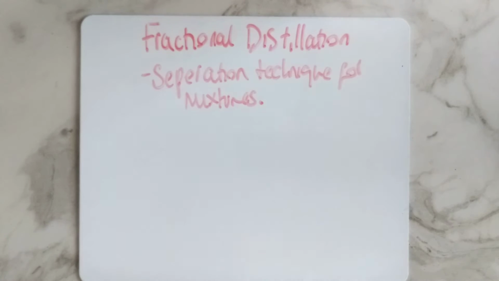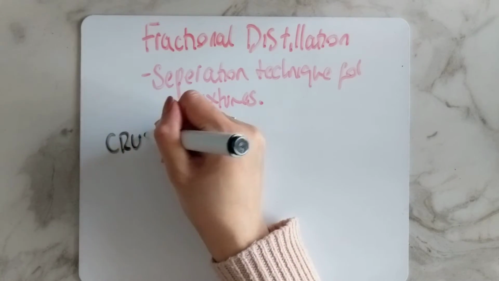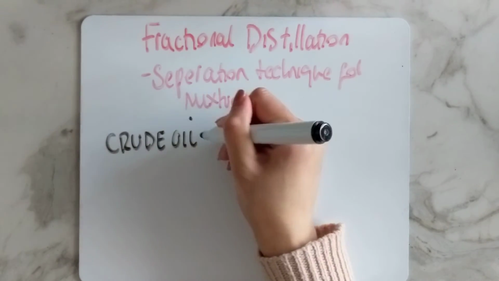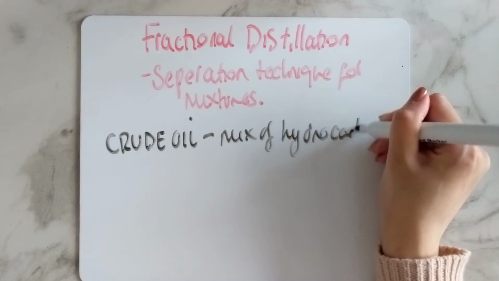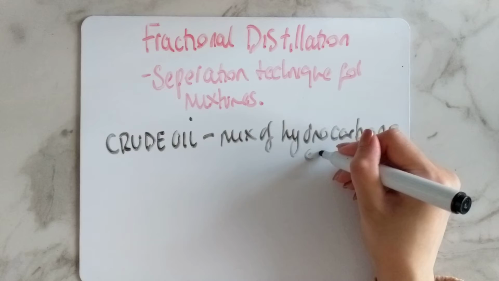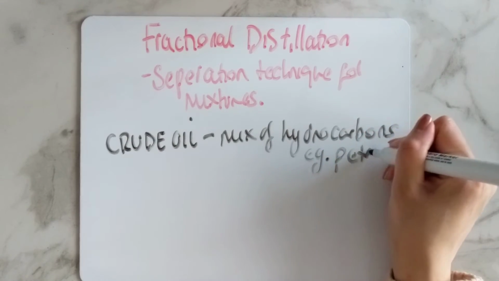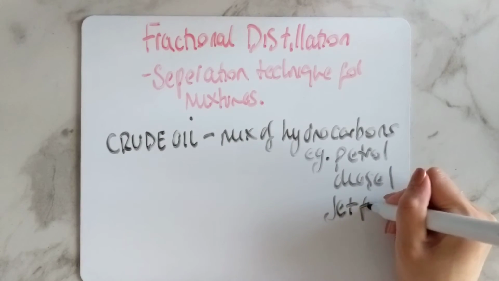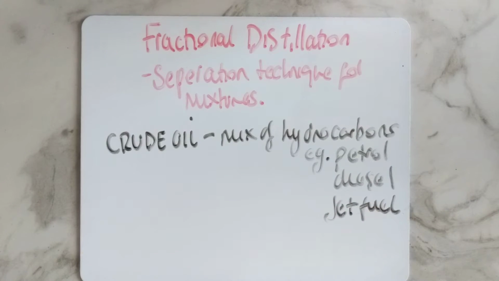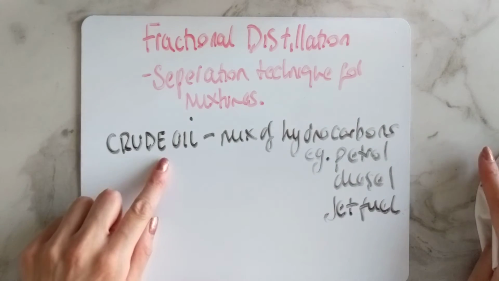Crude oil is a mix of lots of hydrocarbons, such as petrol, diesel, jet fuel, things like that, which we need to separate, because when you fill up your car at the petrol station, you can't fill it up with a mix of petrol and diesel. It's either petrol or diesel.